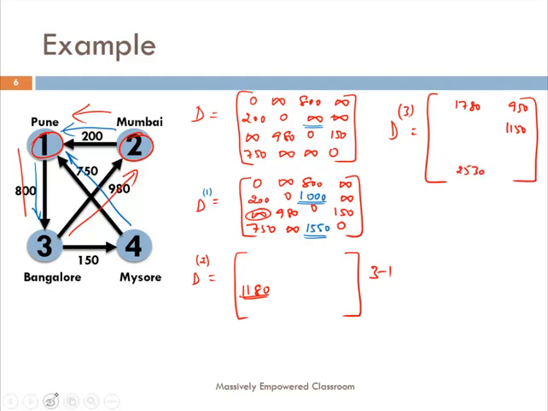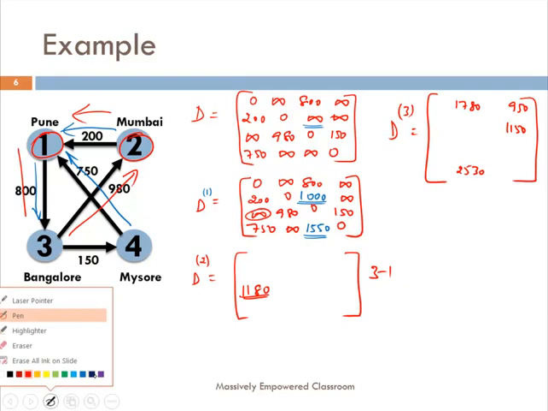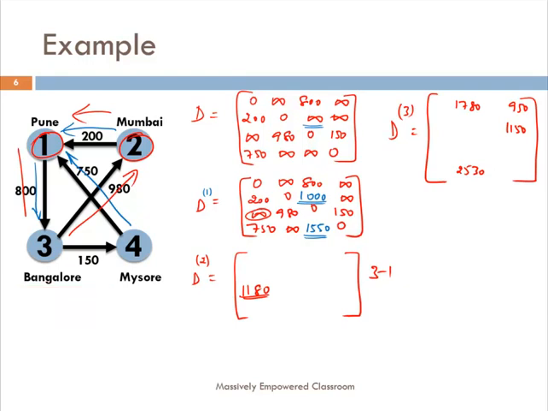So the paths that we are getting at this particular iteration are, this is 1 to 2, right, 1 to 2, and then this one is 1 to 4, and then this is 2 to 4, and then this one is 4 to 2.